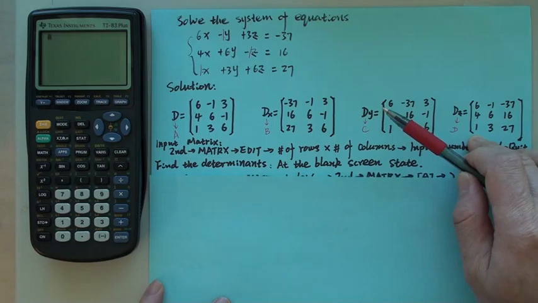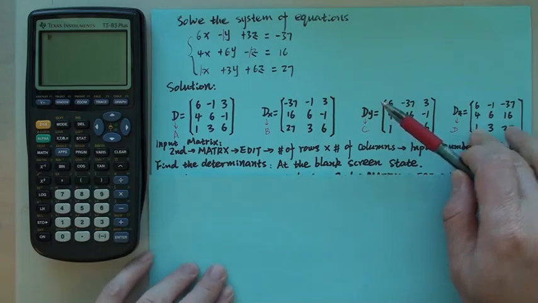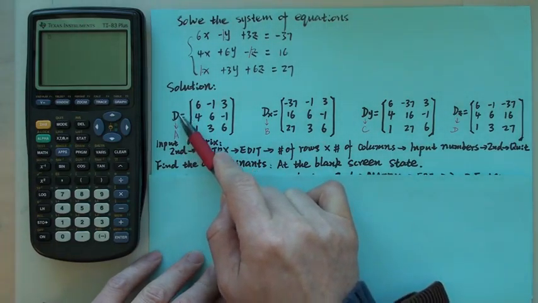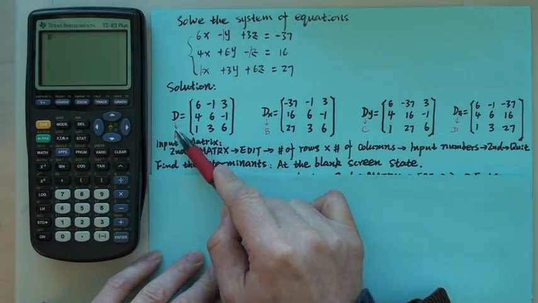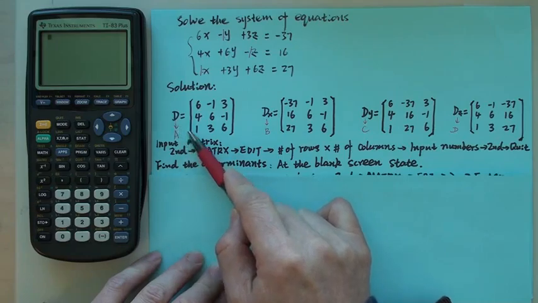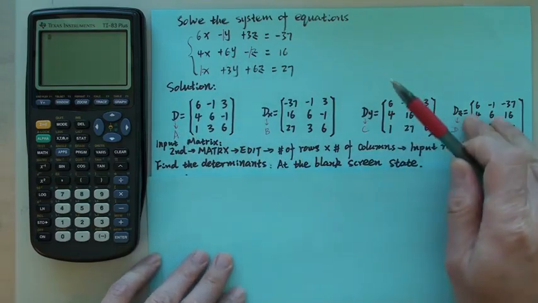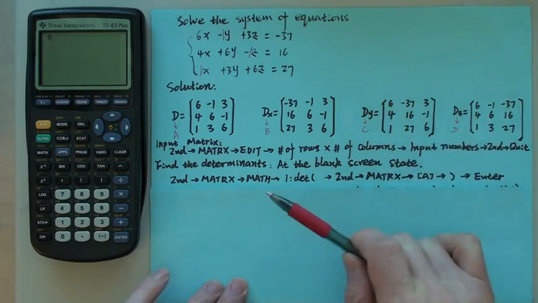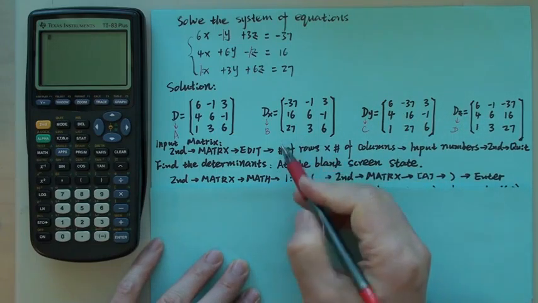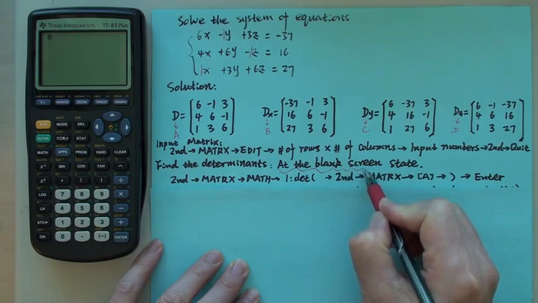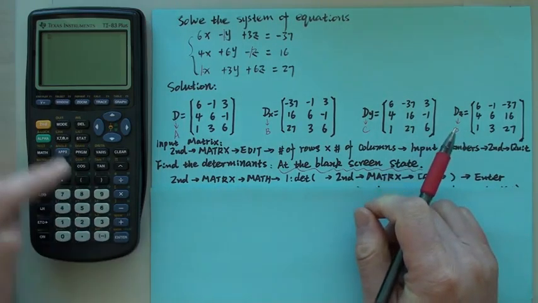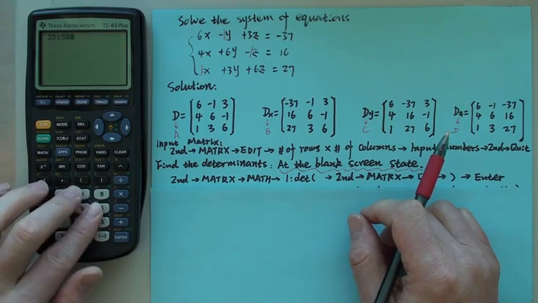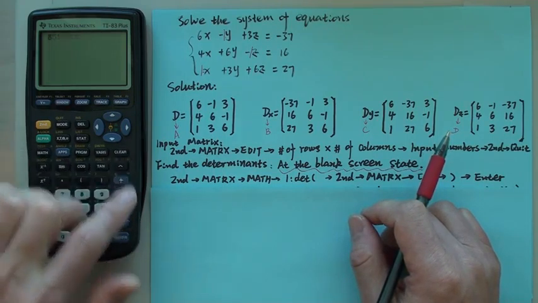Now we need to find the determinant of matrix A in the calculator. How to do it? I want to emphasize the blank screen state is this state, nothing written. If there are many things down here, you clear it.